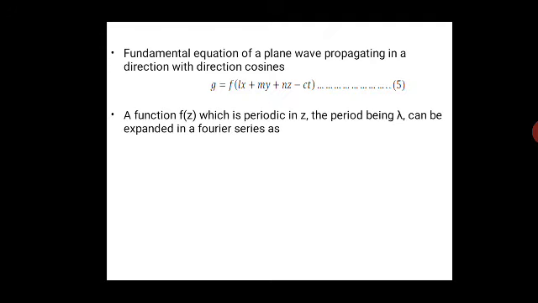Where a function f of z which is periodic in z, the period being lambda, can be expanded in the Fourier series as f of z is equal to a naught plus summation of m is equal to 1 to infinity a m cos(2 pi m divided by lambda into z plus epsilon m).